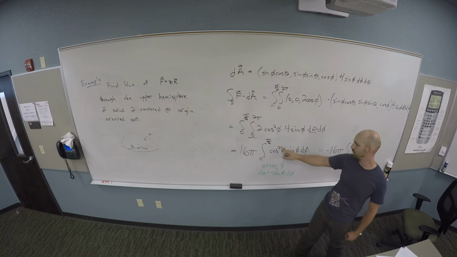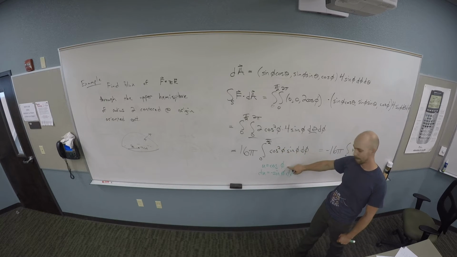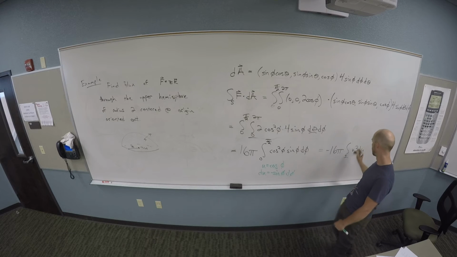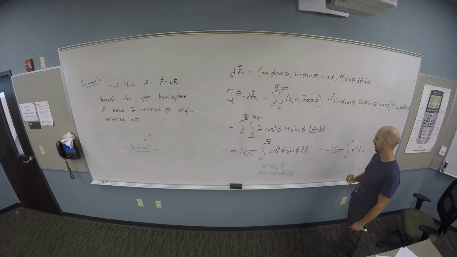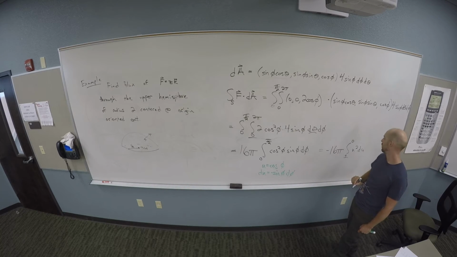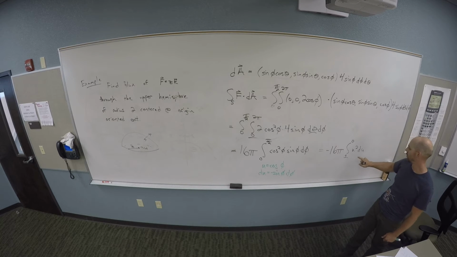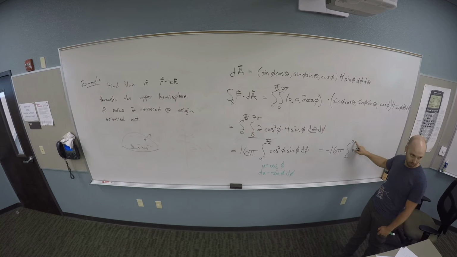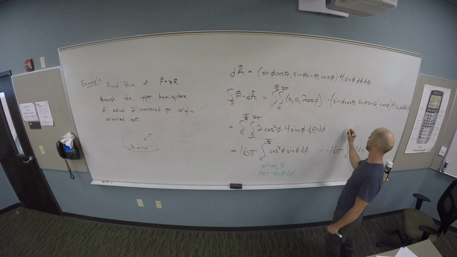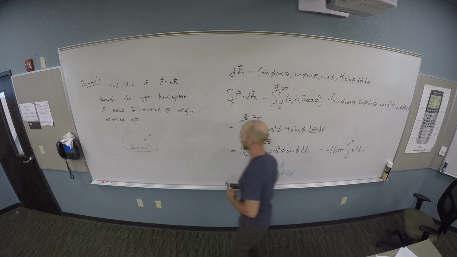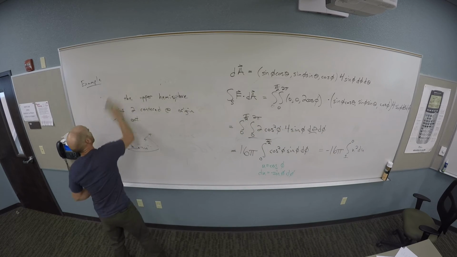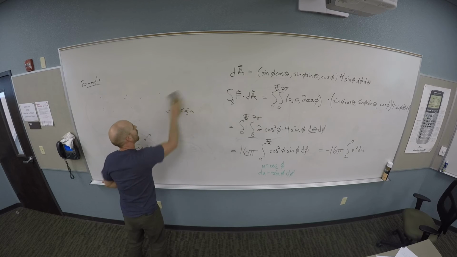And when phi is pi over 2, what's u? 0. Okay, so I got the integral from 1 to 0. You just flip it and make it positive. So that'll give me positive 16 pi from 0 to 1.